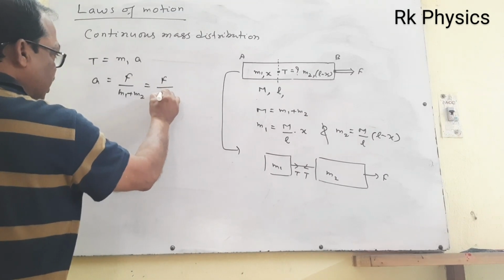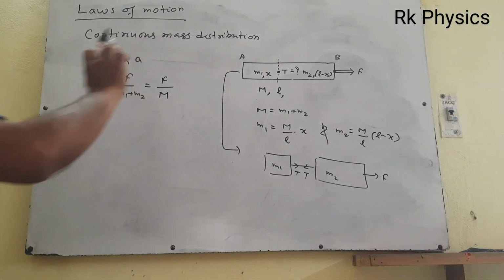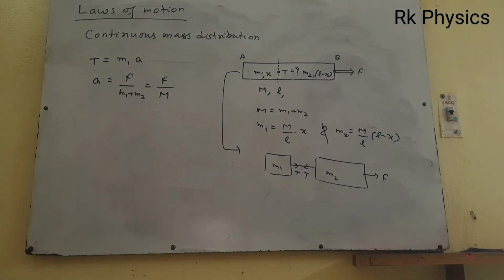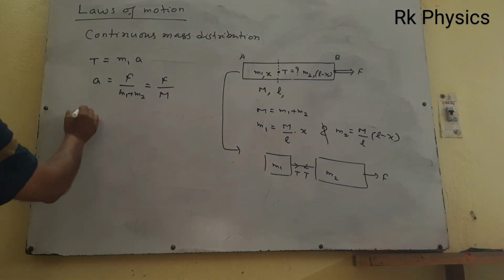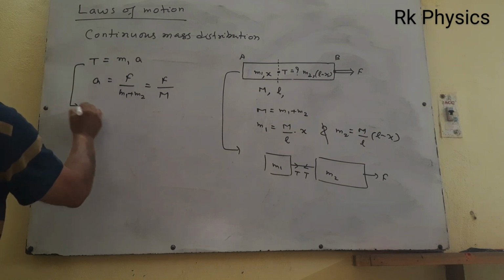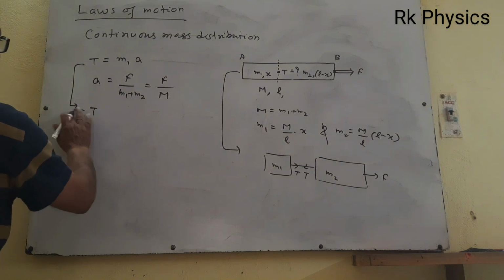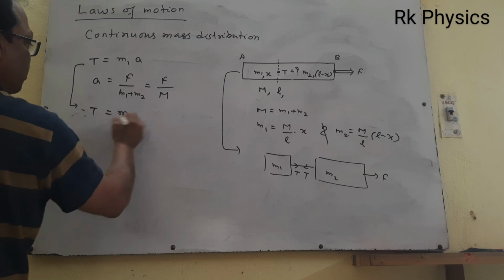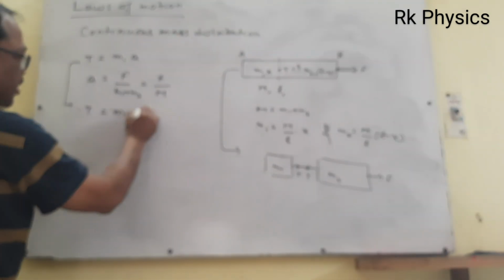So this is nothing but F divided by the original mass M of the system. Therefore, T is m1 into a, where a means F divided by M.